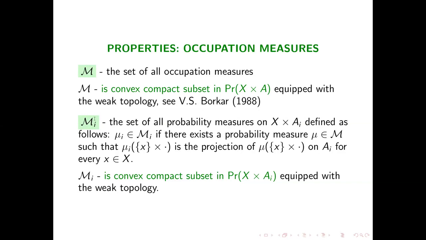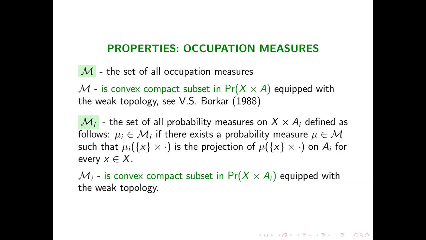And then, having M, calligraphic M, we define the set Mi, the set of probability measures on the product of the state space and the action set of player I, defined as follows. So mu I belongs to the set if there exists a probability measure mu such that mu I is the projection of mu on the action set of player I for every x, of course.